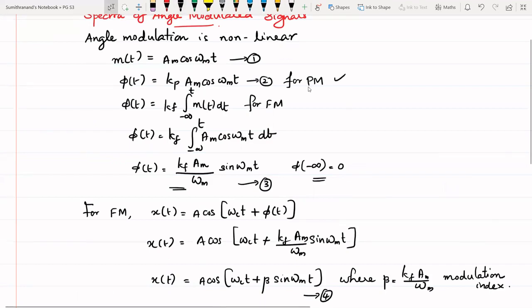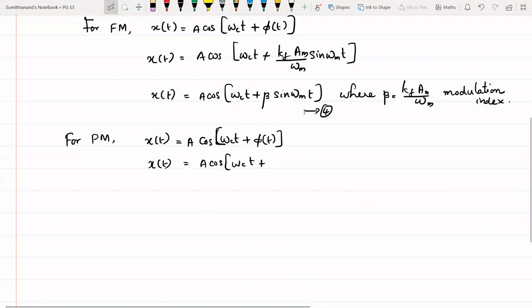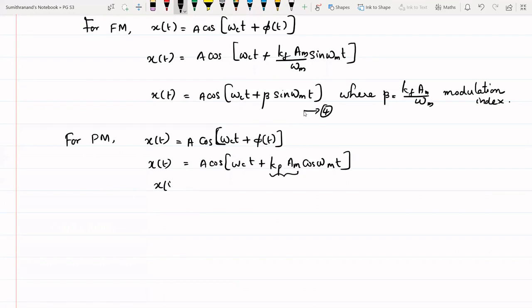We can write this phi of t as kp into Am cos omega m t. This kp into Am is replaced by beta, so x of t is equal to A cos of omega c t plus beta cos omega m t.